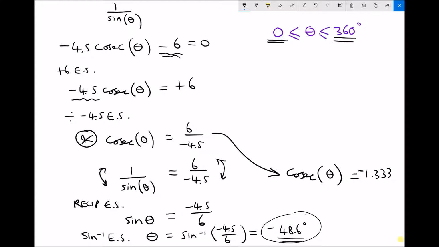Now the next thing I'm going to do is sketch the function cosec theta, as we saw in the previous video, between theta equals 180 and theta equals 360, because that's where we're looking for our solutions.